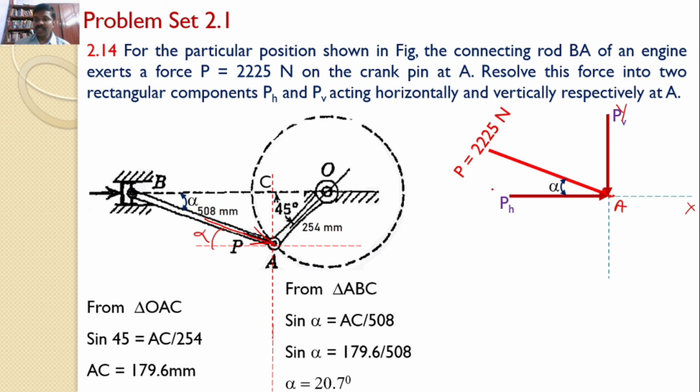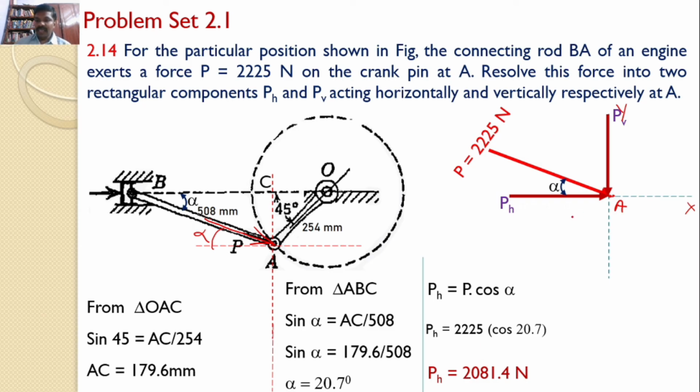What about the magnitude? The force P makes an angle alpha with the PH component of the force, hence the PH component becomes the cos component. So PH is equal to P into cos alpha. And the magnitude is 222.5 into cos 20.7, which is 2081.4.